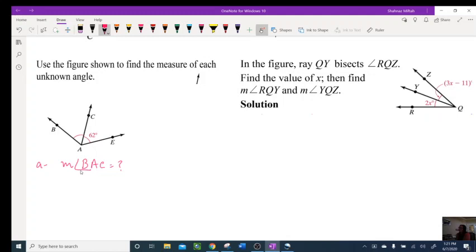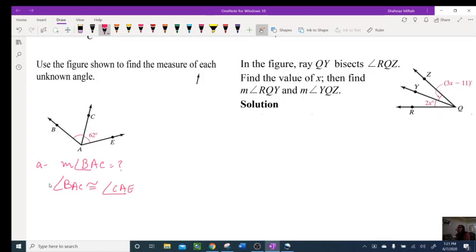Now let's try BAC. Do you guys see this? This is one arc. If CAE is 62, then it means BAC is also 62. But the way I'm going to explain it, I can say the angle BAC is congruent to angle CAE.